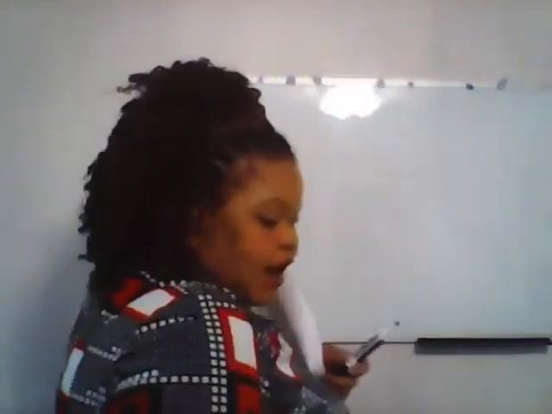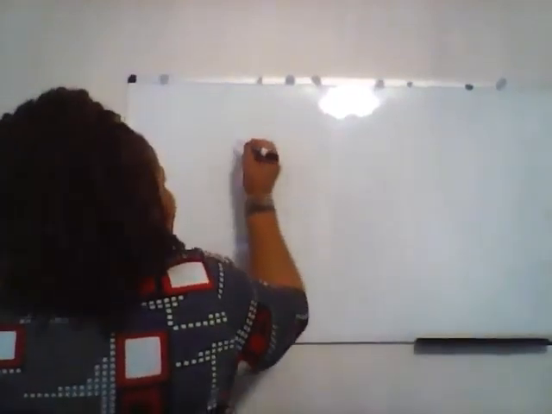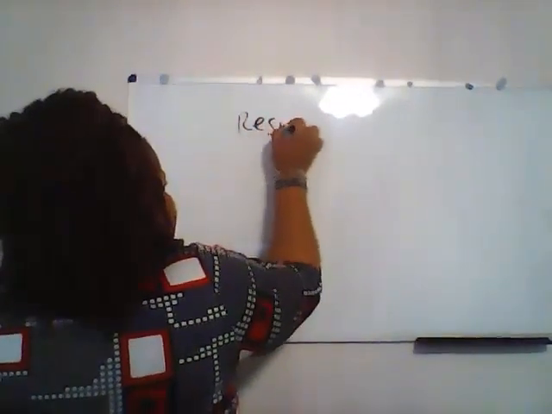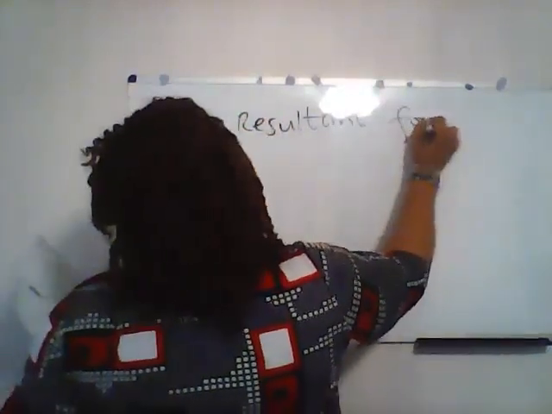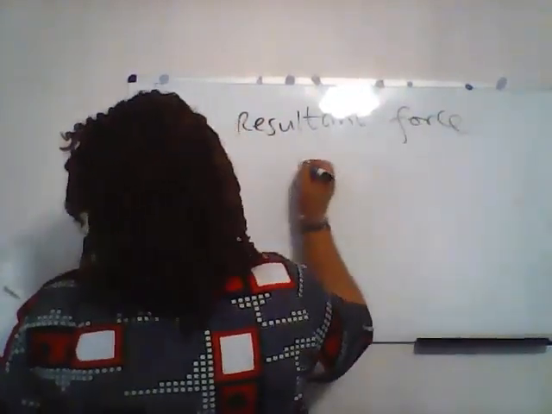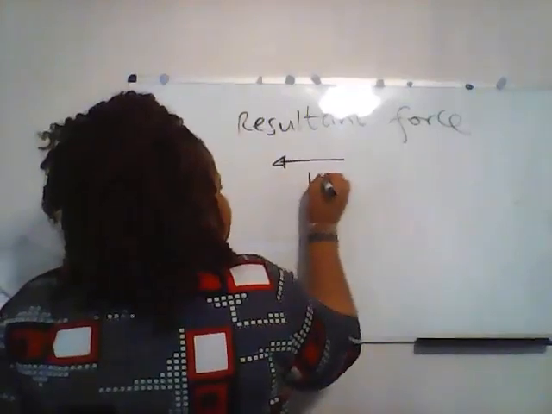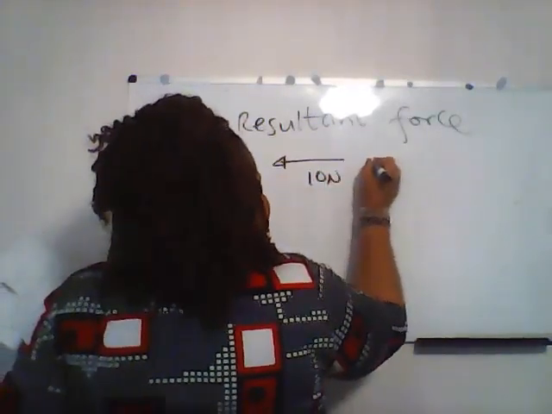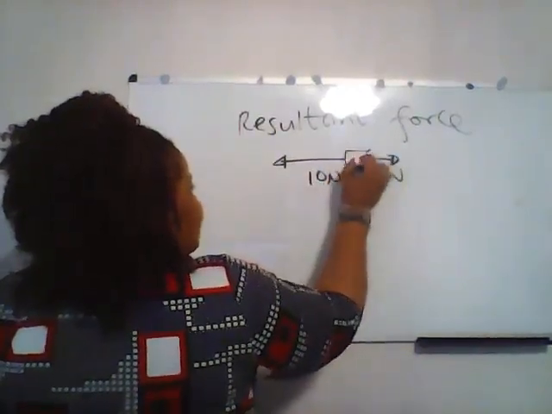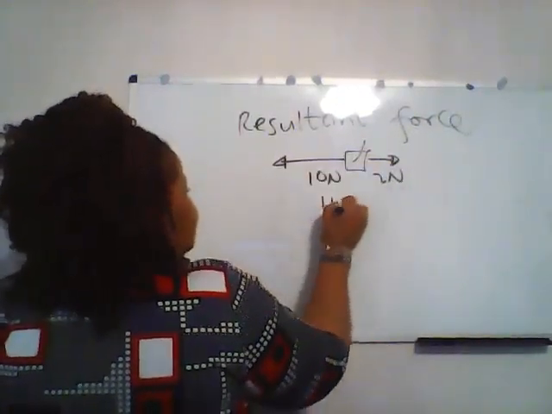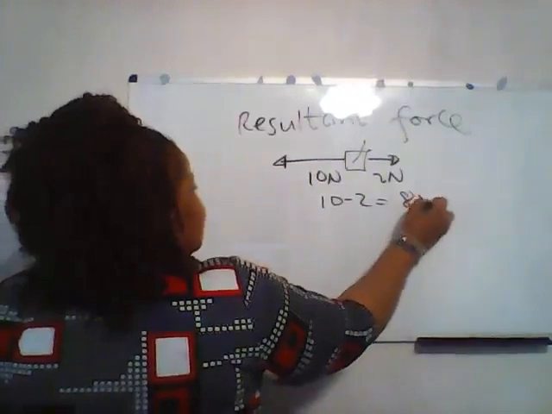To calculate the resultant force, this is what you do. If you have a force acting one way, say 10 newtons, and another acting the opposite way as 2 newtons, on your object, it is going to be 10 take away 2, which is 8 newtons.